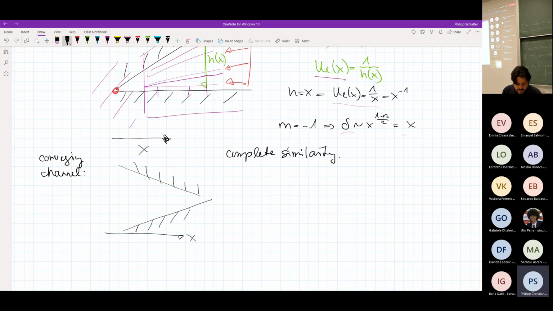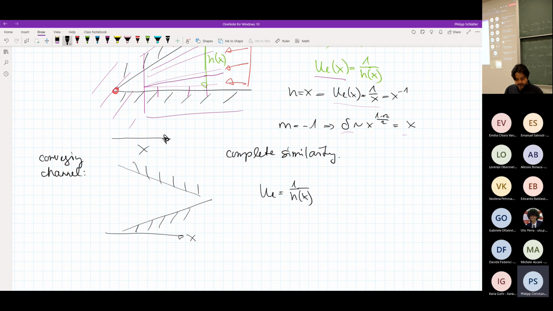And the basic idea in such an example would be that your UE would still be 1 over x, would be 1 over h of x. That would still be the same. That's for the continuity.